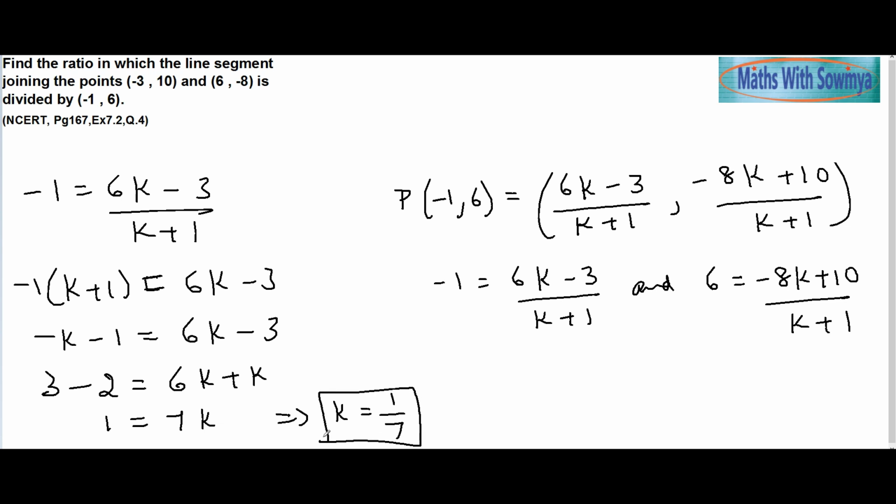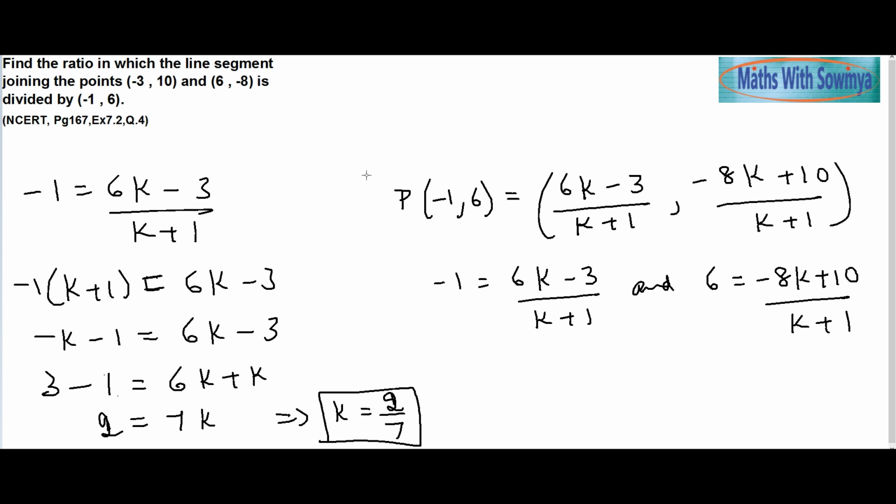We can check the same with the other one also.